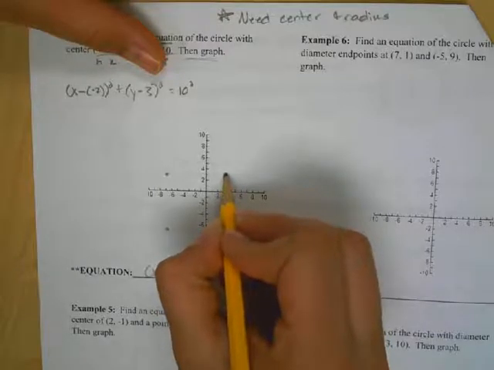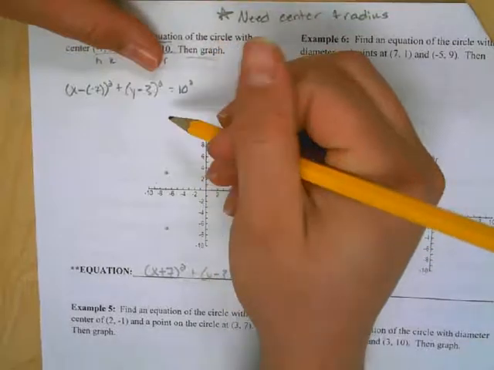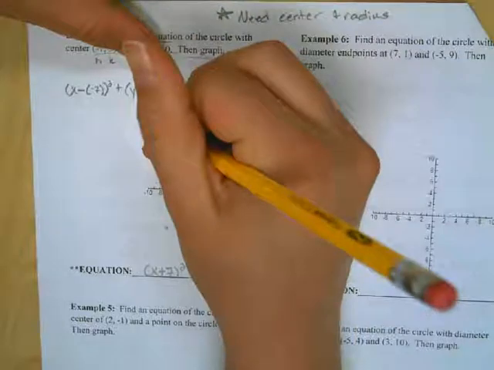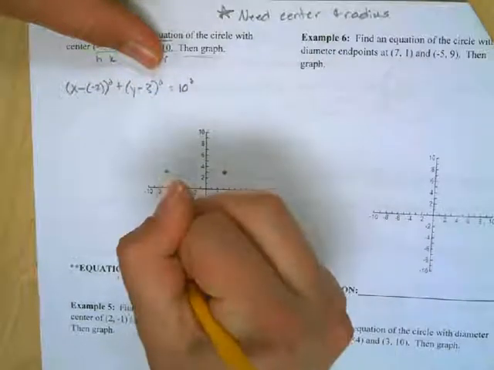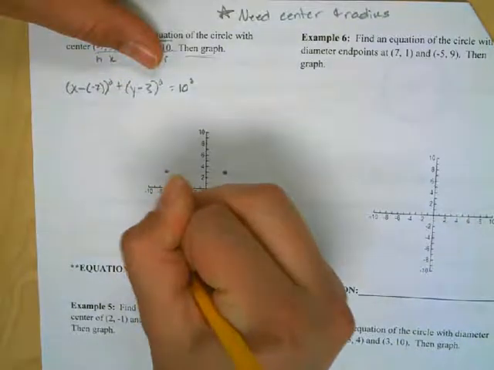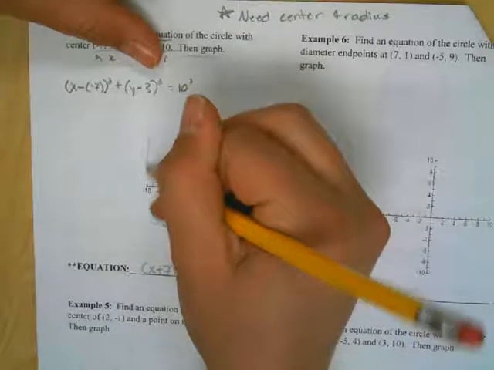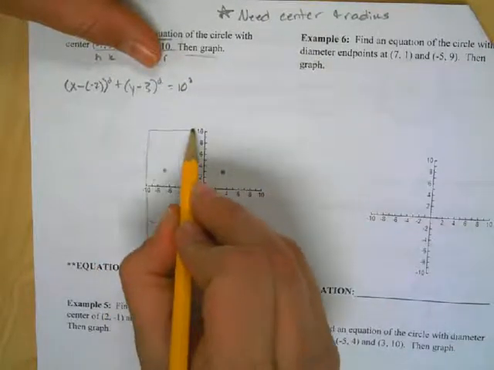That's going to go to 3, 3. And then when I go up 10, I'm going to end up off my graph, up here at like 13. You can graph that if you want to, but you don't have to. You can just graph what shows up on your graph. I know it's kind of hard to see on our papers, but this is actually the end of my graph right here.